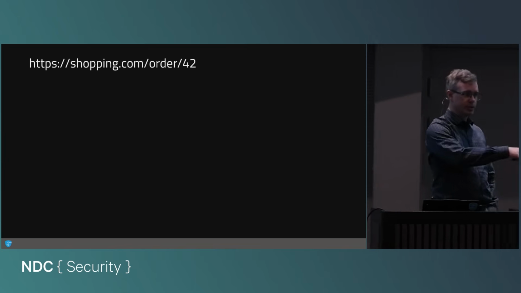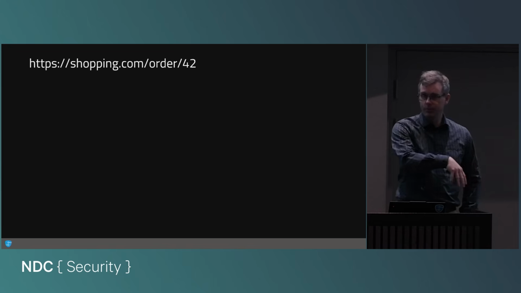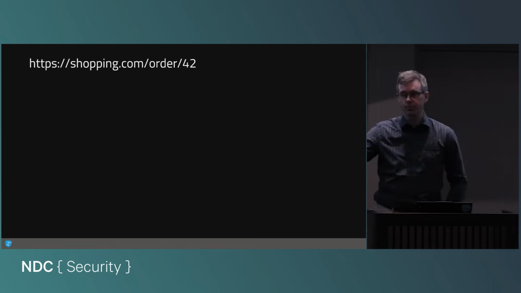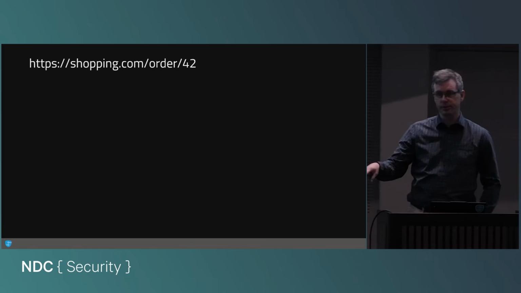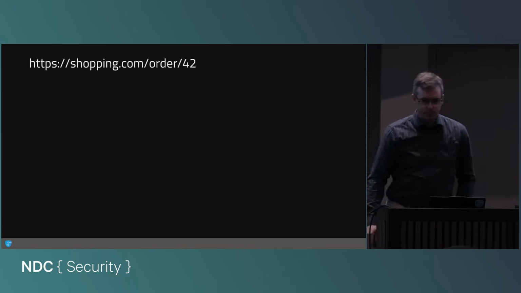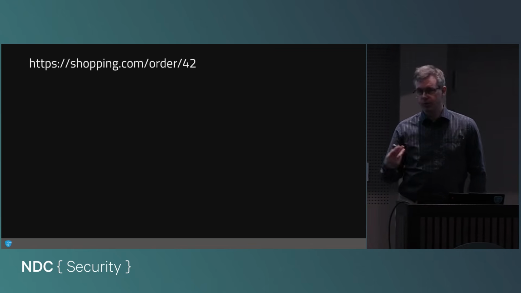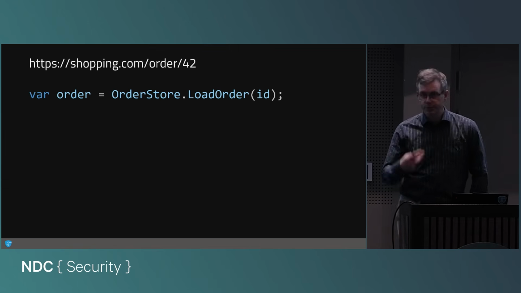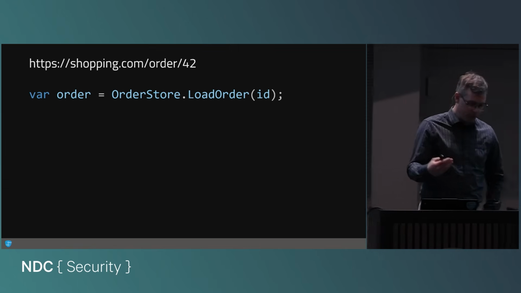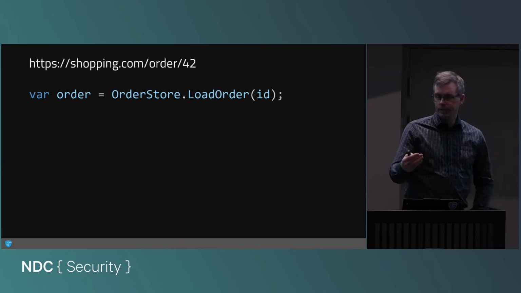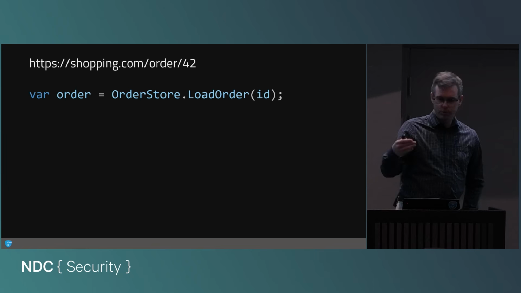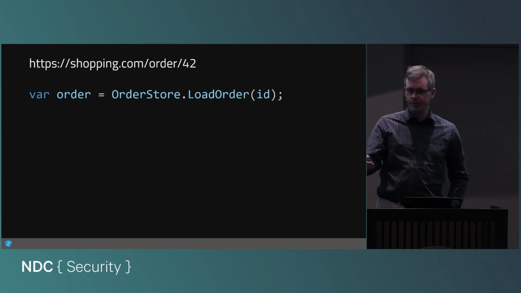Probably if you are customer service, you can access any order if you're staff. Role-based security works. But then as a customer, you should be able to access your own order as well, right? And to know who the order belongs to, we need to first load the order. And this was a problem in the old days where you only had attribute-based authorization, because you couldn't load the order before you made the authorization decision.